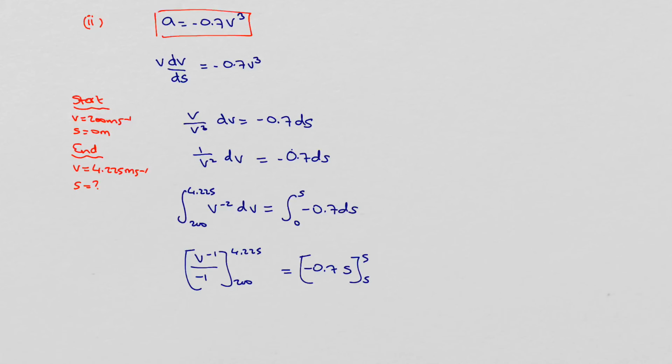So if I sub into both sides with my limits, that gives me minus 1 over 4.225, because v to the power of minus 1 is 1 over v, of course. And then subtracting my lower limits, I end up with plus 1 over 200. And on the right hand side, when I sub in for s, that gives me 0.7s, and of course minus 0.